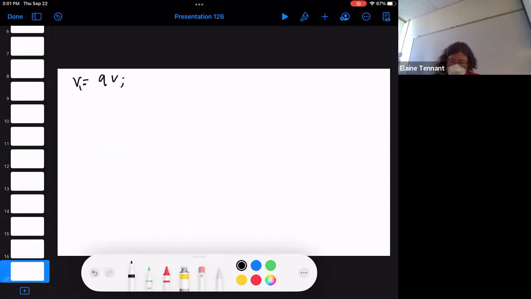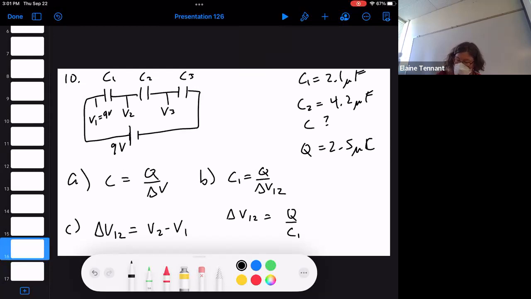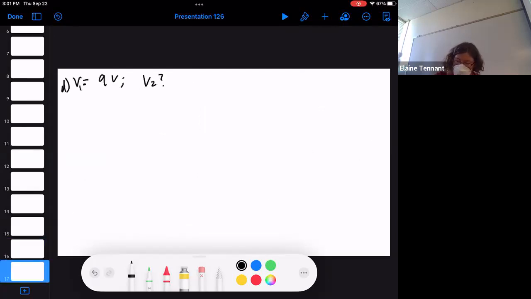So if V1 is 9 volts, what's V2? And so now we're combining part B and we're combining part C. So V2 is going to be delta V minus V1.